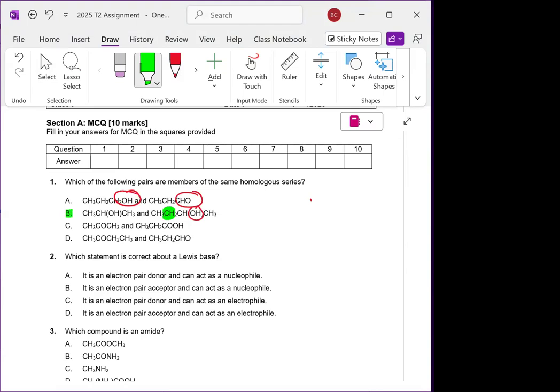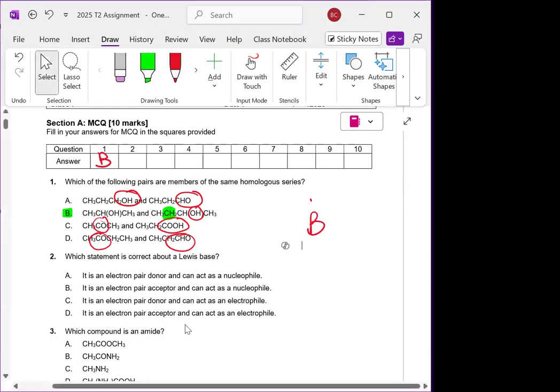So B is likely to be the answer, but we will continue to look at the other options. C is a ketone and this is a carboxylic acid, and D is a ketone and this is an aldehyde. Therefore, the answer for the first one will be B.